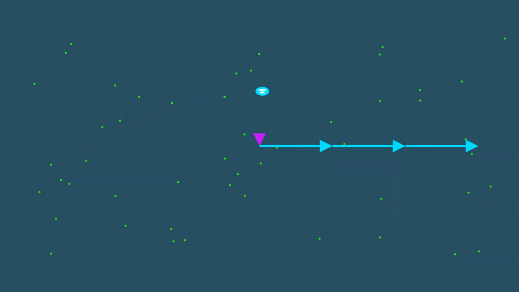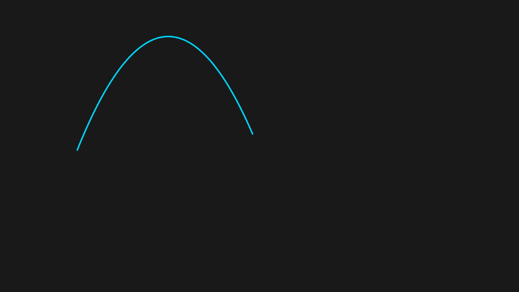Next, maximum height. At the peak, vertical velocity is 0. So 0 equals v naught y minus g t. That gives t equals 14.1 divided by 10, which is 1.41 seconds.